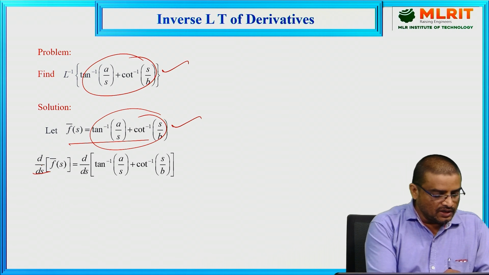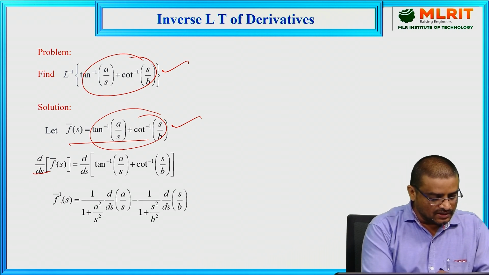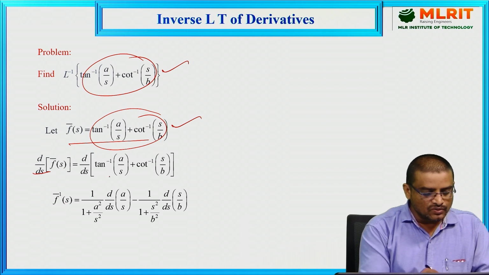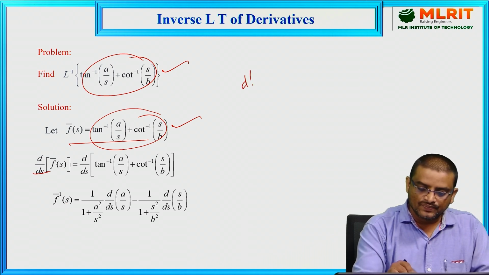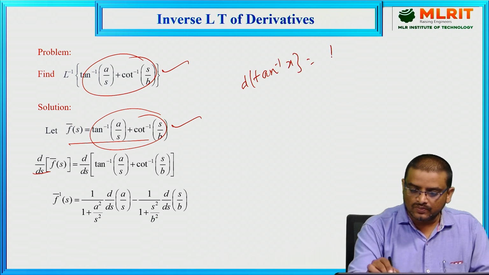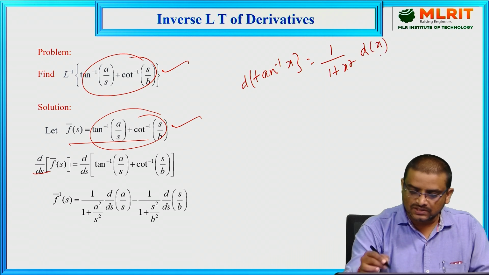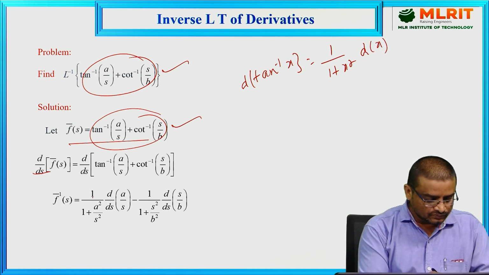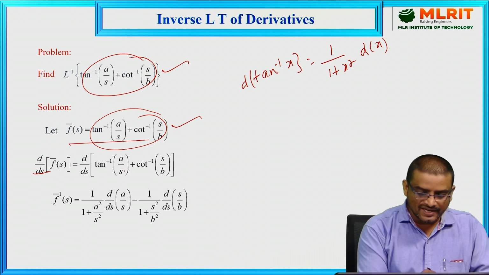So now the derivative of f bar of s, we can take that value as f bar dash of s. And for the derivative of tan inverse, we have the formula: derivative of tan inverse x is equal to 1 by 1 plus x square into the derivative of x.